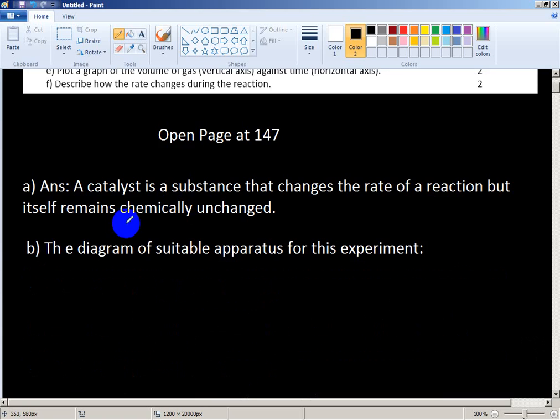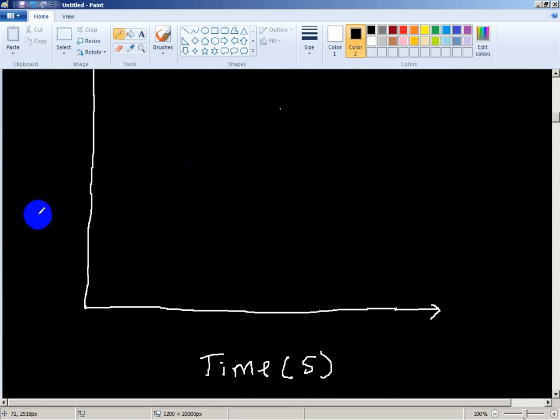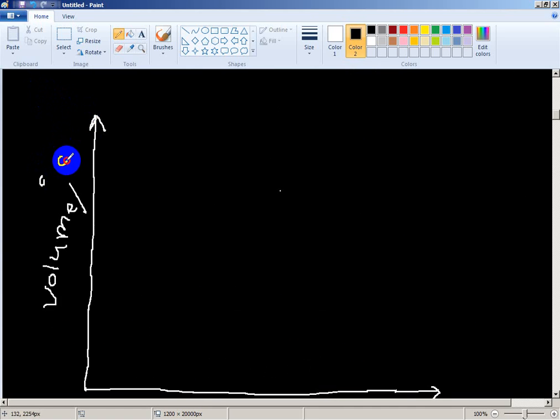Volume of gas is in cubic centimeters. It's not possible to write it all here. Volume per cubic centimeter.